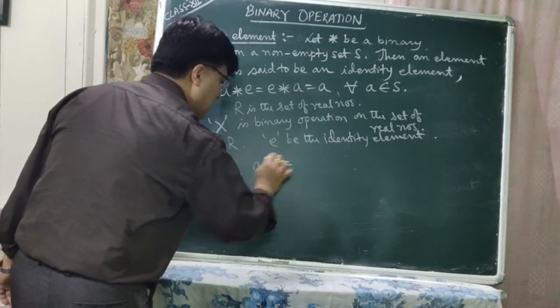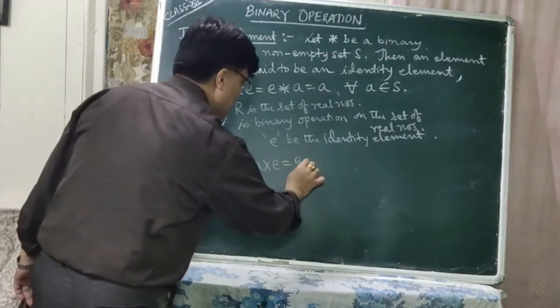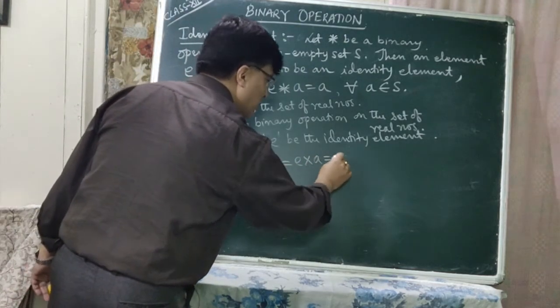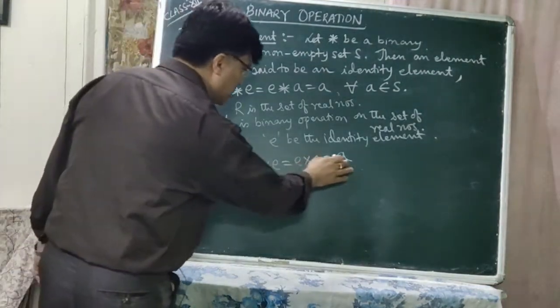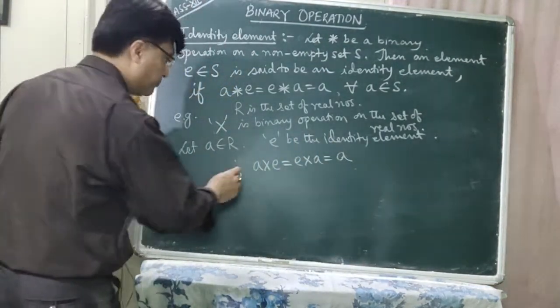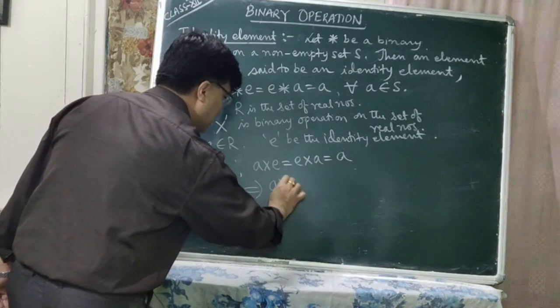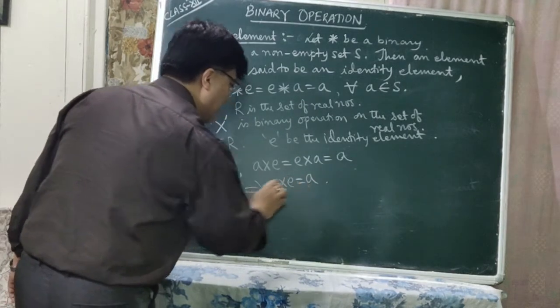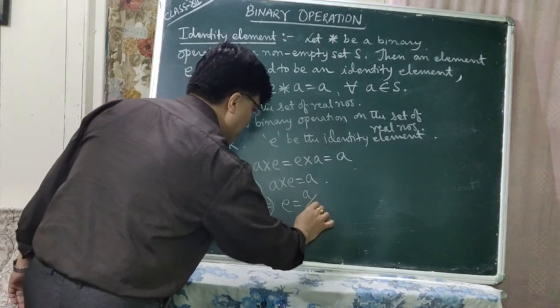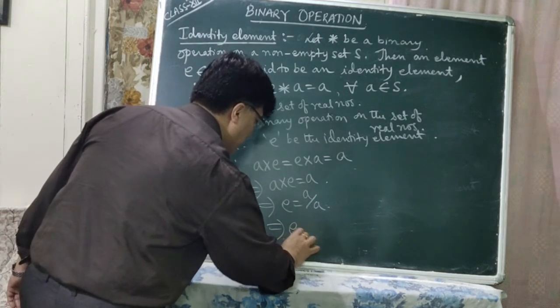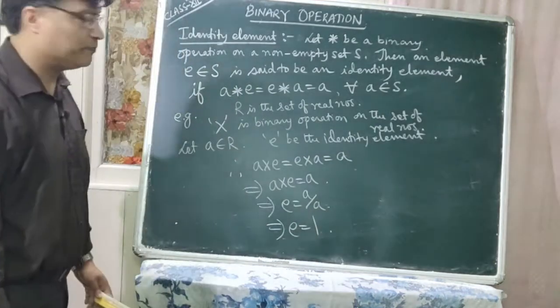A multiplied by E is equal to, by the commutative law, E into A, which is equal to A. So A into E is equal to A, which implies that E is equal to A by A, which implies that E is equal to 1.